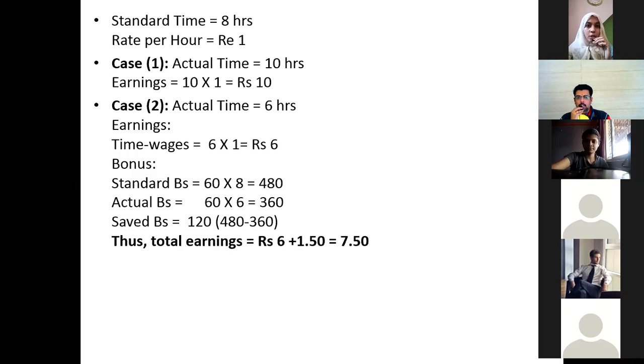In case 2, the actual time is 6 hours. Therefore, the earnings is equal to time wages, 6 into 1, that will be rupees 6.